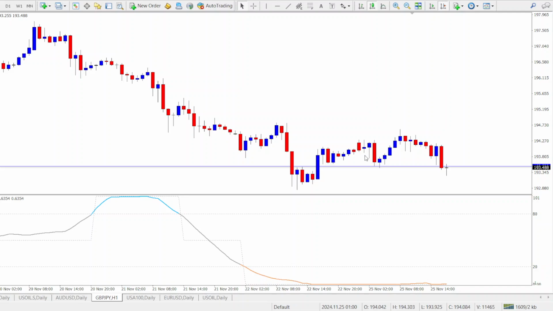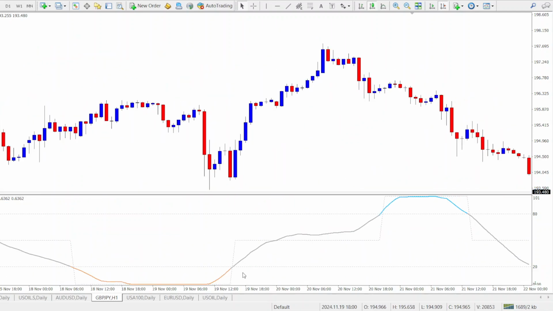So ideally, you can either decide to exit your sell at support levels, or you can wait for the TII indicator to change back to gray, pointing upwards. When that happens, you can exit your sell trade.